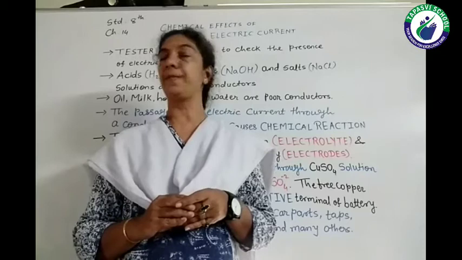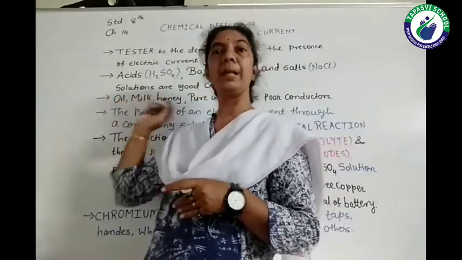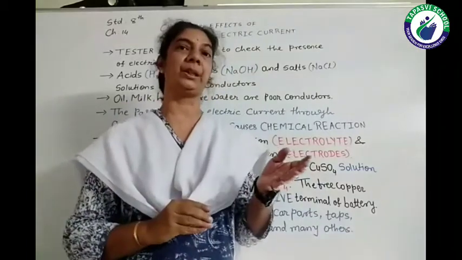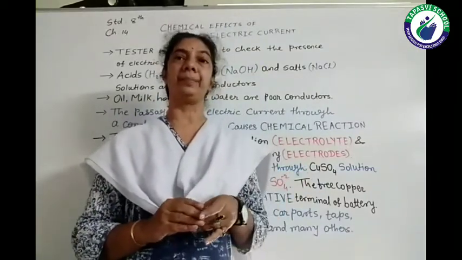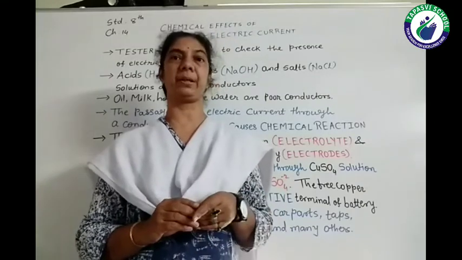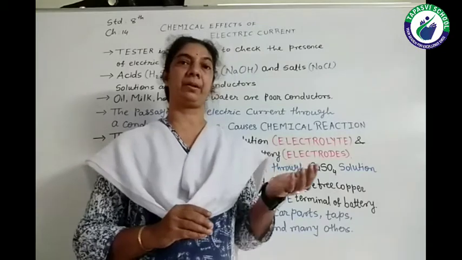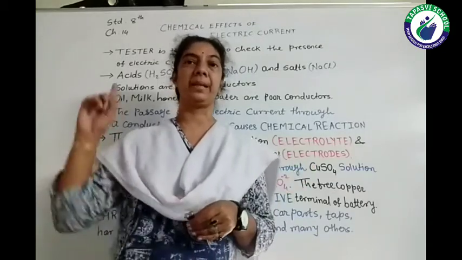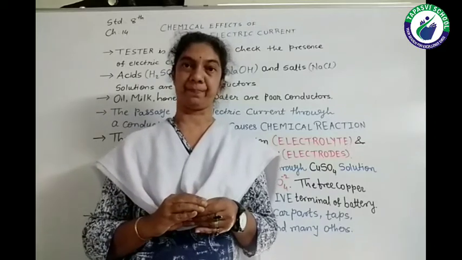But if we have oil, milk or honey, substances which are not acids, bases or salts, and we try to pass the electric current through them, they will not allow the electric current to pass, and that's why they are poor conductors of electricity.